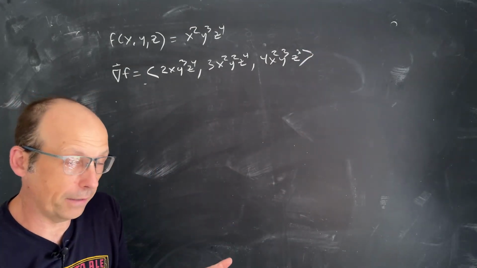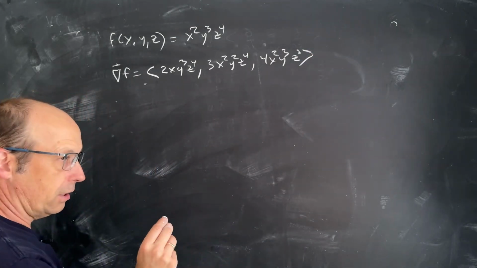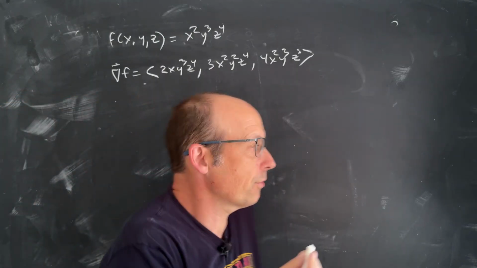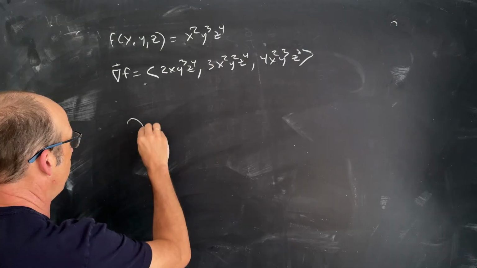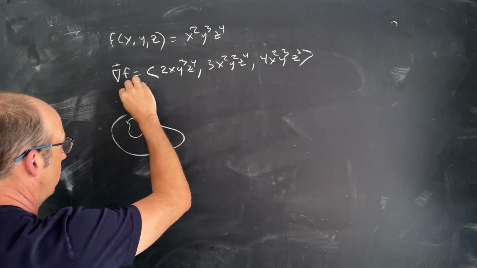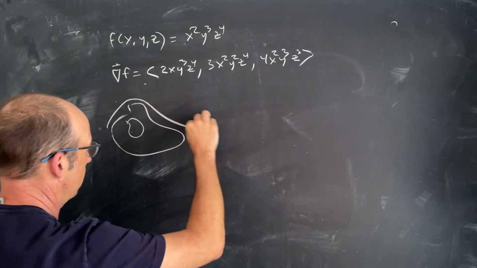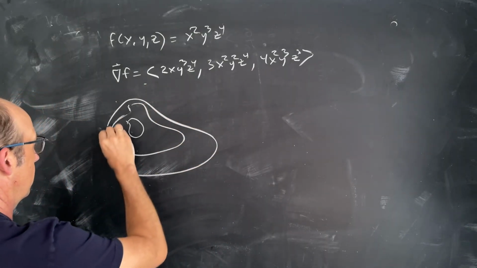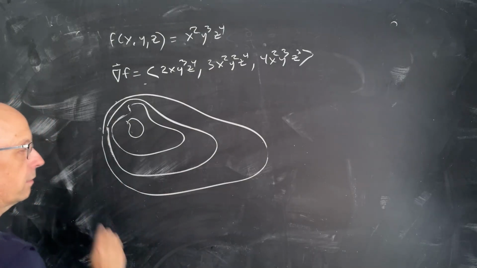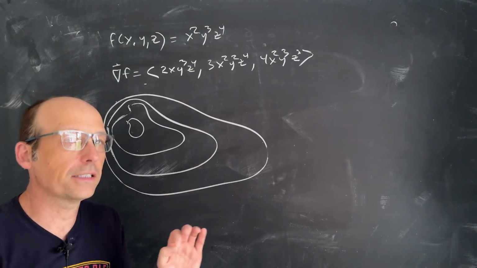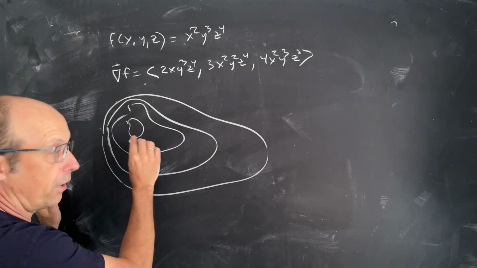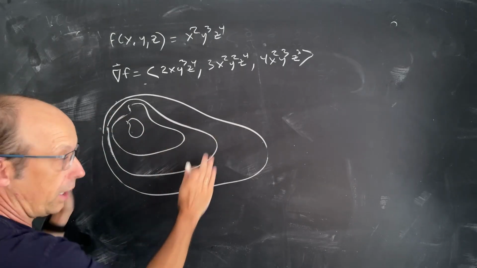But what does it tell me? The easiest way to think about gradients is to think about hills. Imagine I have a hill that looks like this. These are contour lines, which show lines of constant elevation. If we're looking at this from the top, this is the highest point of the hill, and then it slopes off this way and slopes off that way.